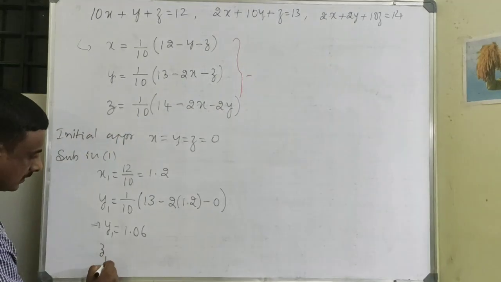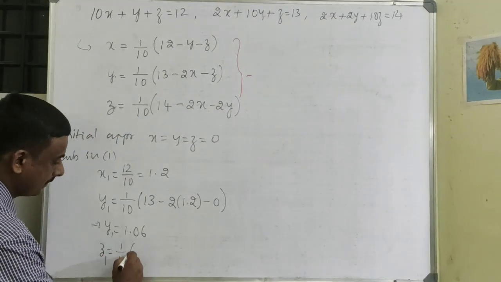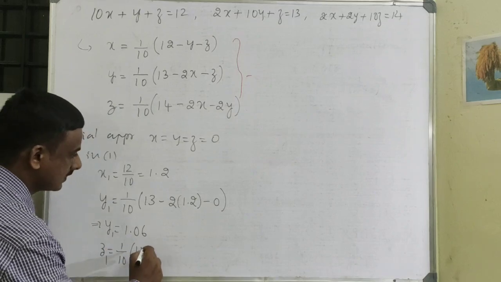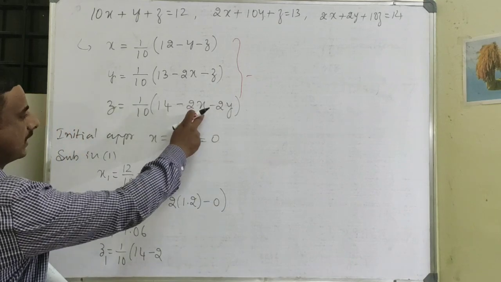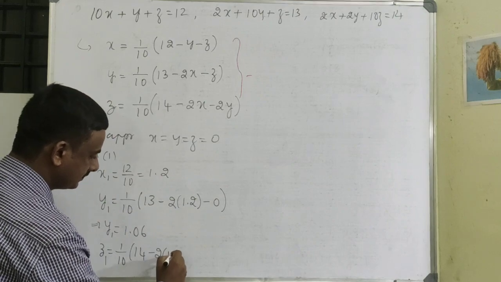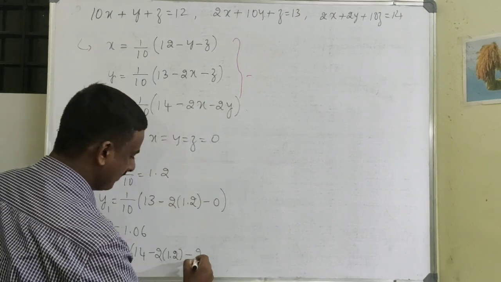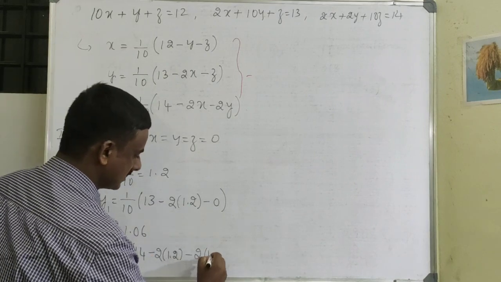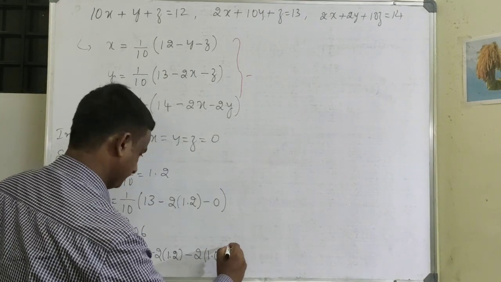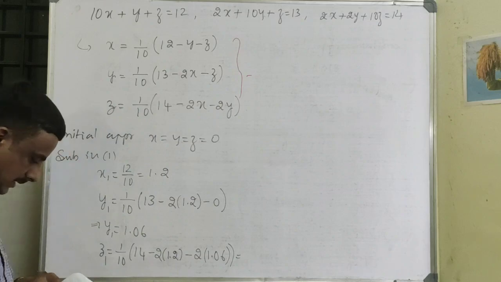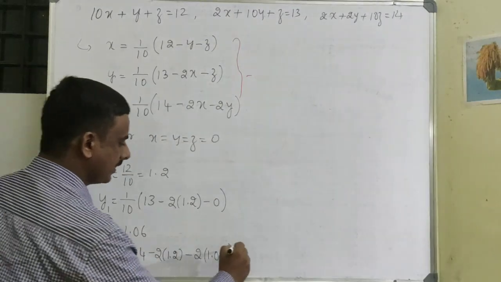So z1 equal to 1 by 10 into 14 minus 2 into x value 1.2 minus 2 into y value 1.06. If you simplify this, you get 0.948.